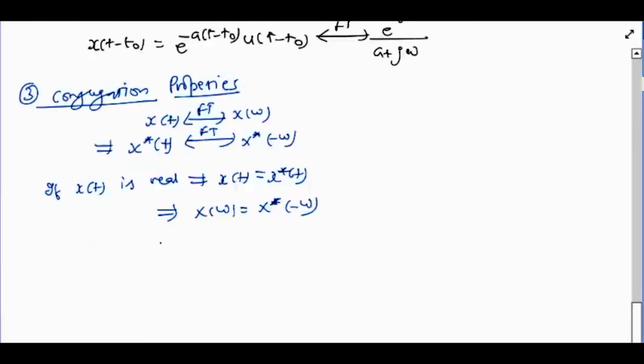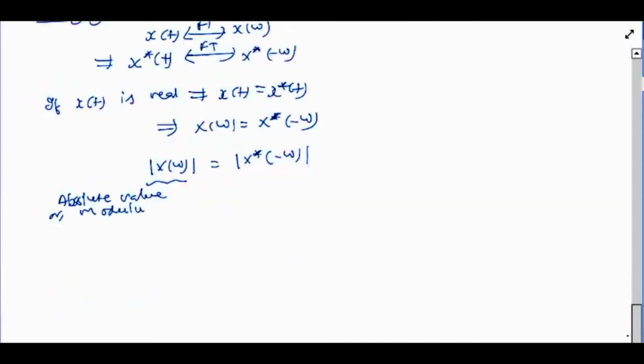Okay. In particular, if I take modulus on both the sides, we will see that modulus of X omega, it's also called absolute value of X omega, is same as absolute value of X minus omega. So this is called absolute value or modulus, or sometimes it's called magnitude or amplitude. These are all same things.